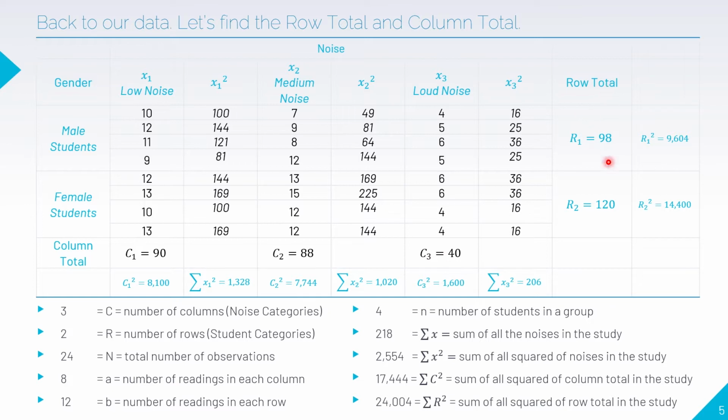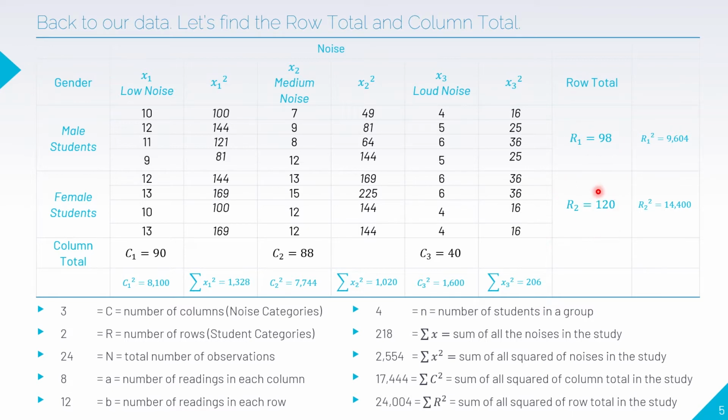Next, we go to finding our row total. We just need to add the items in each row. So 10 plus 12 plus 11 plus 9 in the row of male students only, plus 7 plus 9 plus 8 plus 12 plus 4 plus 5 plus 6 plus 5, we have 98 as our first row.